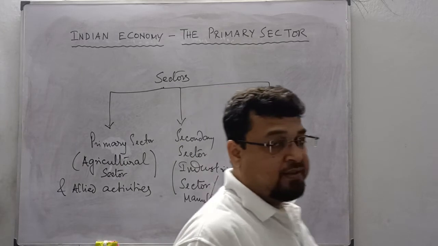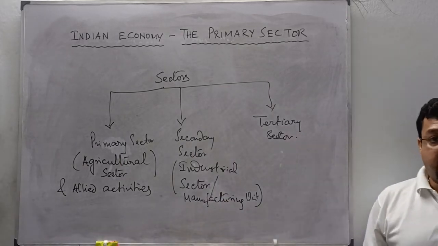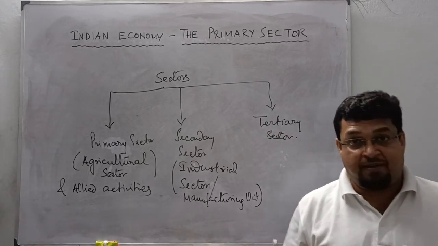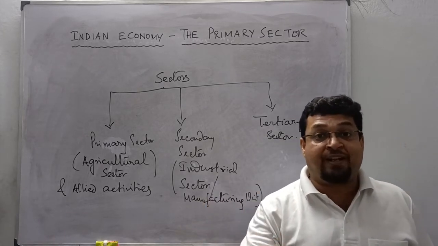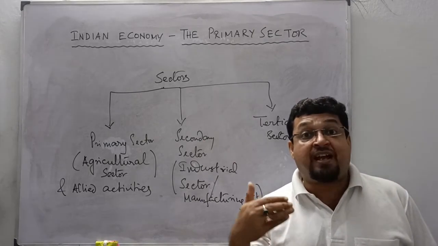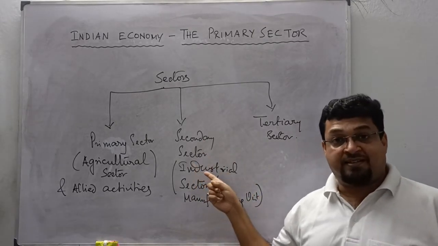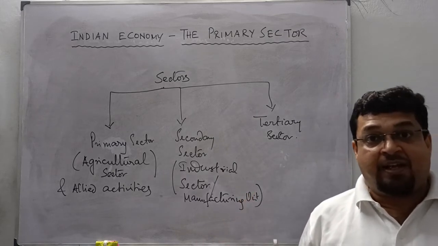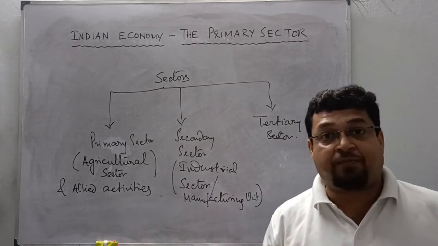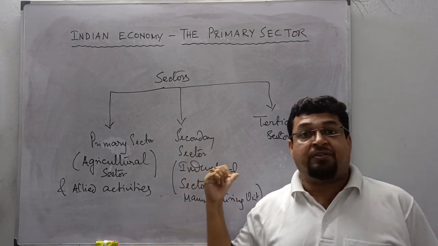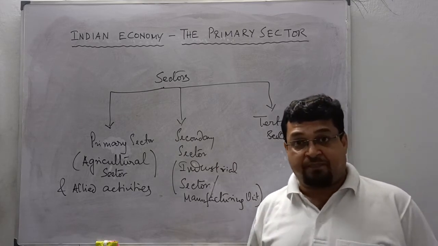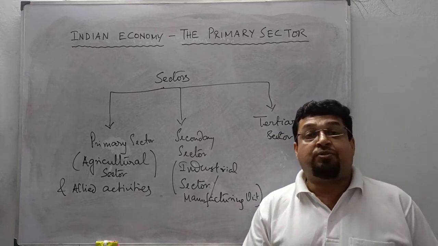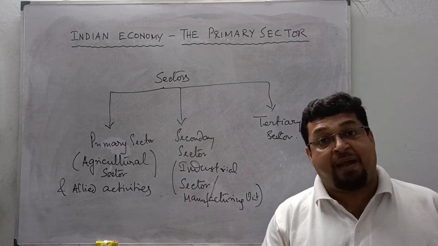And the tertiary sector refers to the service sector. Service sector means the services that we generally avail and pay for, provided by different companies. We talk about goods and services. Goods are produced in the secondary sector, while the services rendered against a price fall under the tertiary sector. Examples are transport, telecommunication, insurance, and banking services.